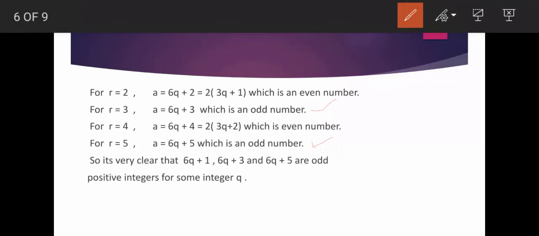So it is very clear that 6q plus 1, 6q plus 3, and 6q plus 5 are odd positive integers for some integer q.